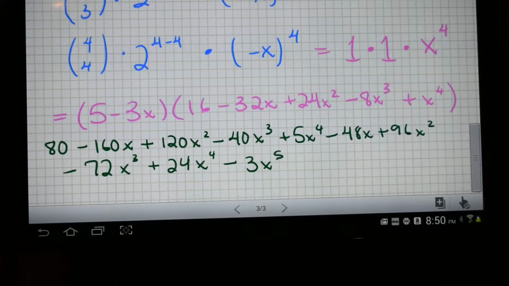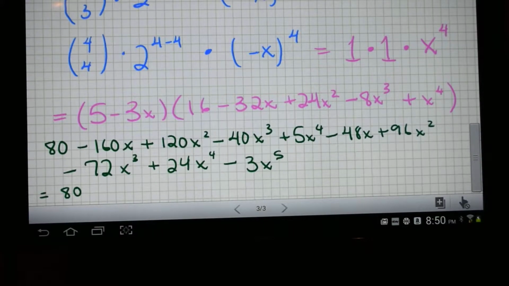Now we have to combine like terms. We're still not done, but we're almost there. So let's see. I'll try to write really small on the next line. Equals 80 is all by himself, I think. 80, and then how many x terms do we have? We have 2 of those. Negative 160 and 48.